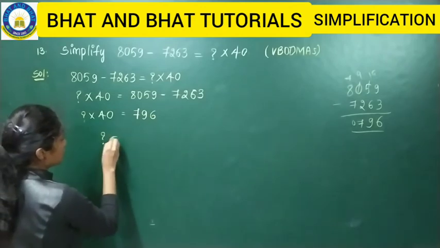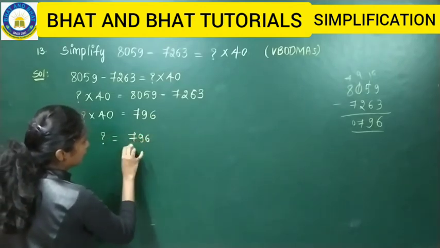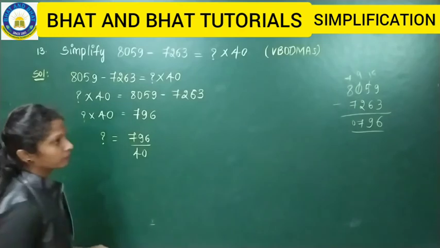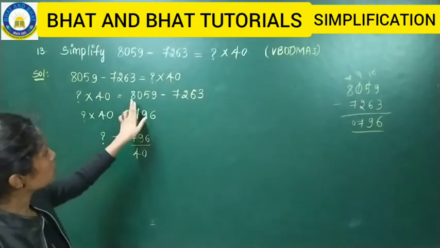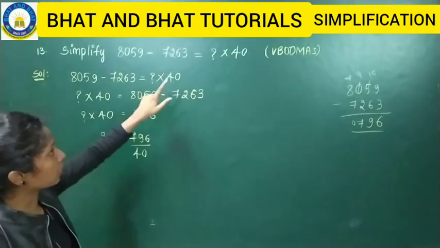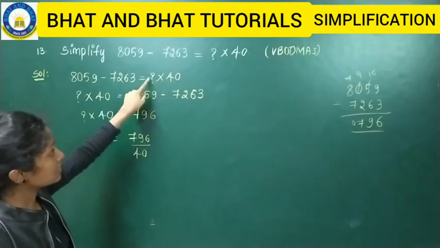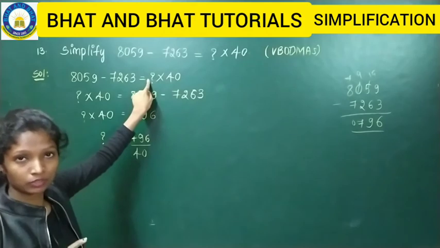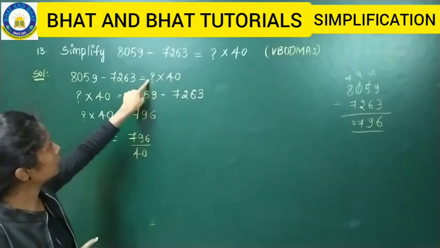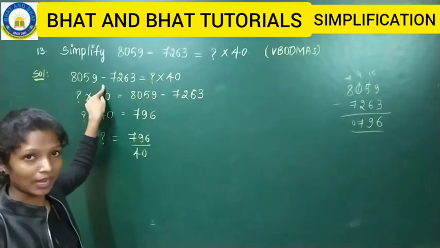So now question mark is equal to 796 by 40. Got this? See, again I'll tell you. Since we have to do according to BODMAS rule, we'll be doing the multiplication first. Since there is no number, we should find out the number first. So to find out the number, we have to do the subtraction.